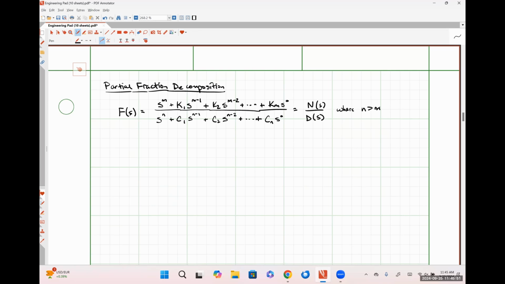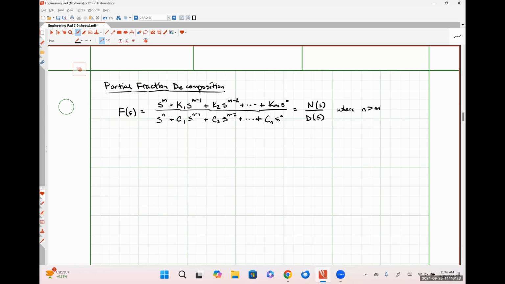Now, to be clear, in this class, I will never give you something where m is equal to n. If you had that in your math class, you could use synthetic division to lower it down to some constant plus a polynomial of this form for whatever it's worth. But I'm not going to make you do that synthetic division, because this, as much as it looks like it right now, is not a math class.